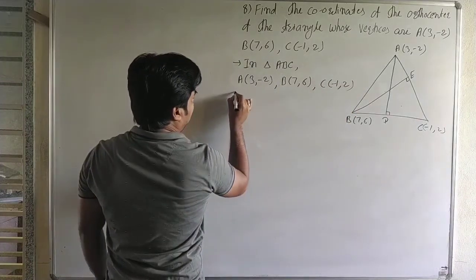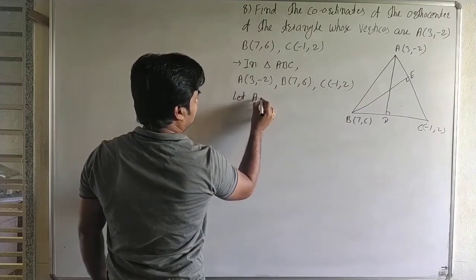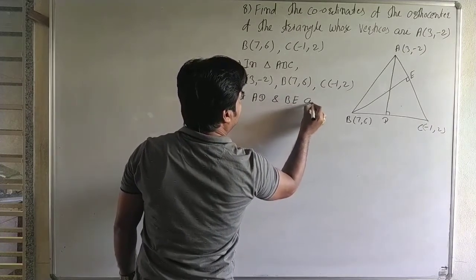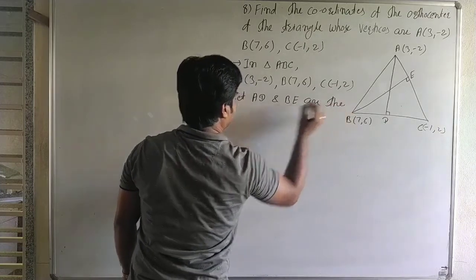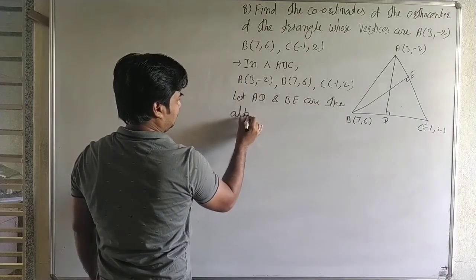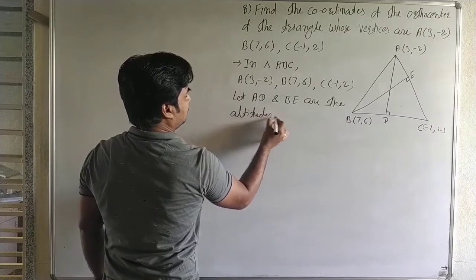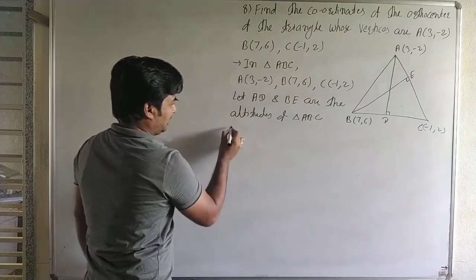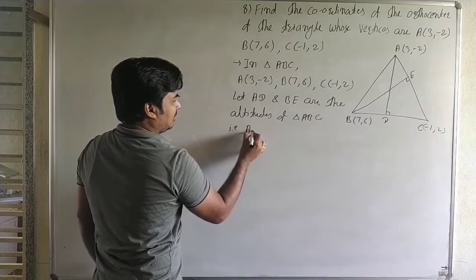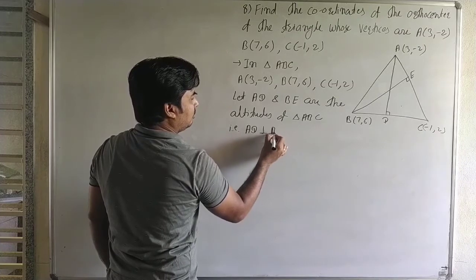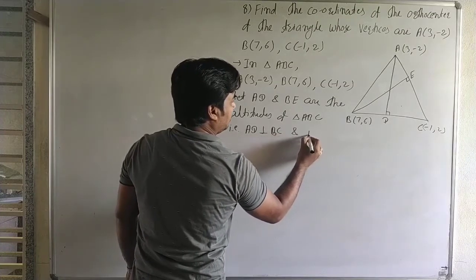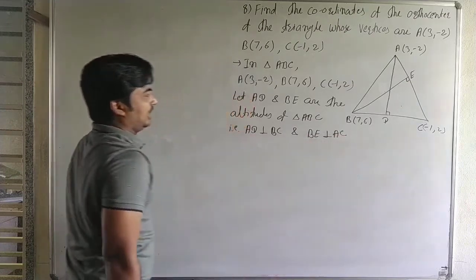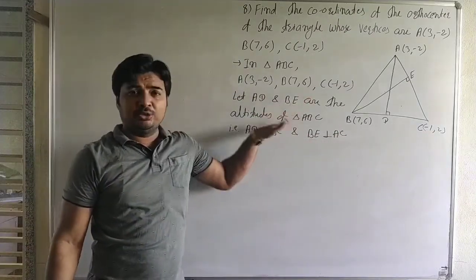Let AD and BE be the altitudes of triangle ABC. That is, AD is perpendicular to BC and BE is perpendicular to AC. Here AD and BE are the altitudes.